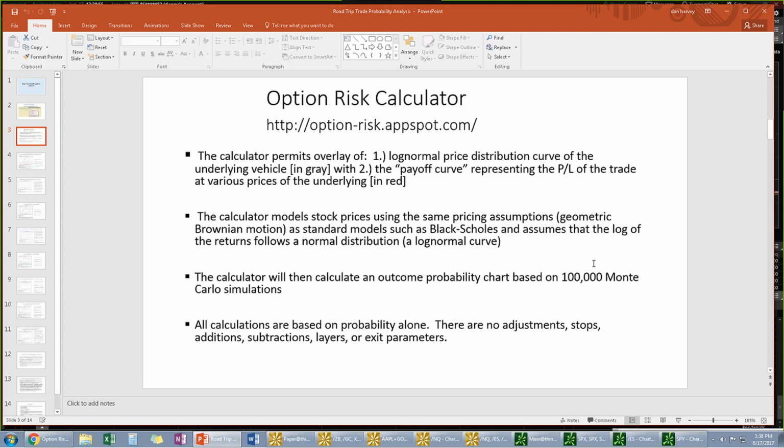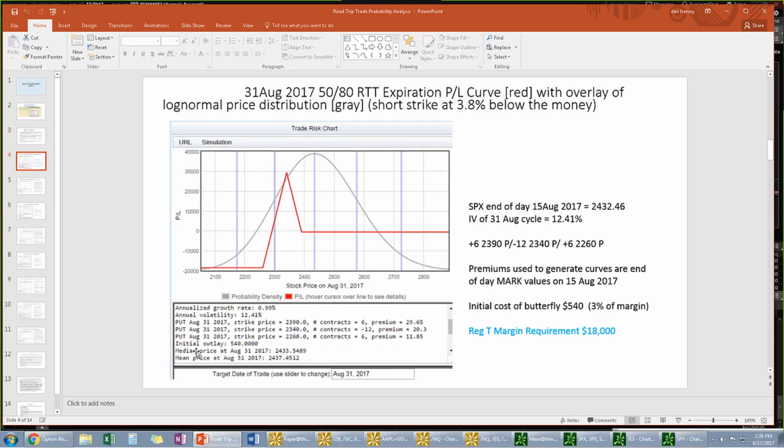So in other words, it would be like doing the trade 100,000 times with no stops, no adjustments, no additions, no subtractions, and no layers, and no exits. So just the pure probability of what's going to happen. All right. So let's look at a couple here. This is on the 31 August, and these are real numbers that I used.